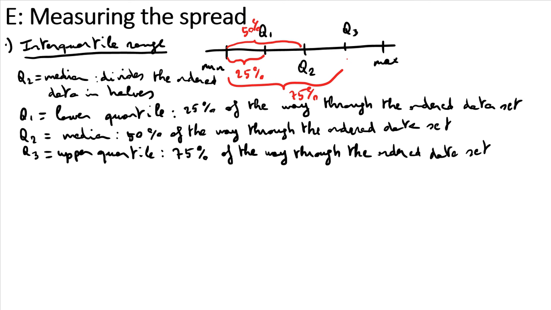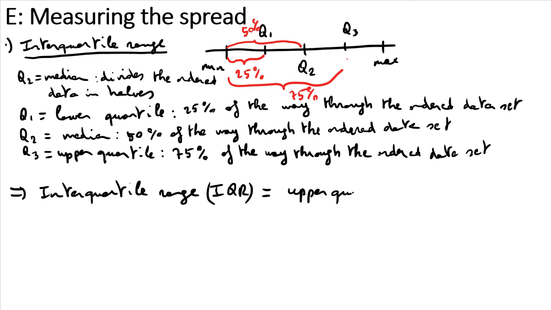And the interquartile range is the difference between the upper quartile and the lower quartile. The interquartile range, which we also write as IQR in capital letters, is equal to the upper quartile minus the lower quartile.